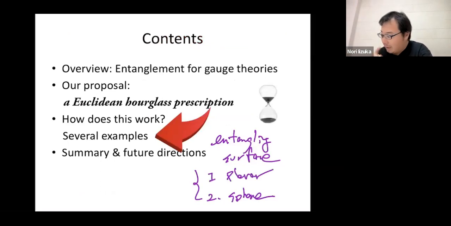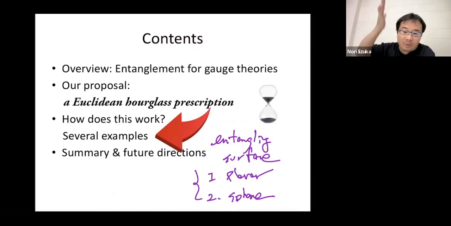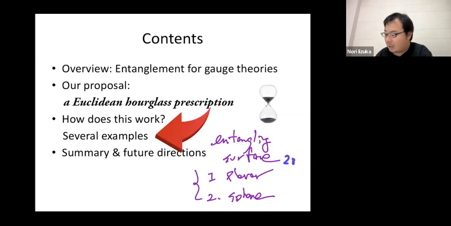Two examples: one is where the entangling surface is planar. That's the simplest example, especially in 2 dimensions, but some examples are a bit non-trivial for the interpretation. Then I jump directly into the more non-trivial situation where the entangling surface is a sphere, which is again in 4 dimensions.